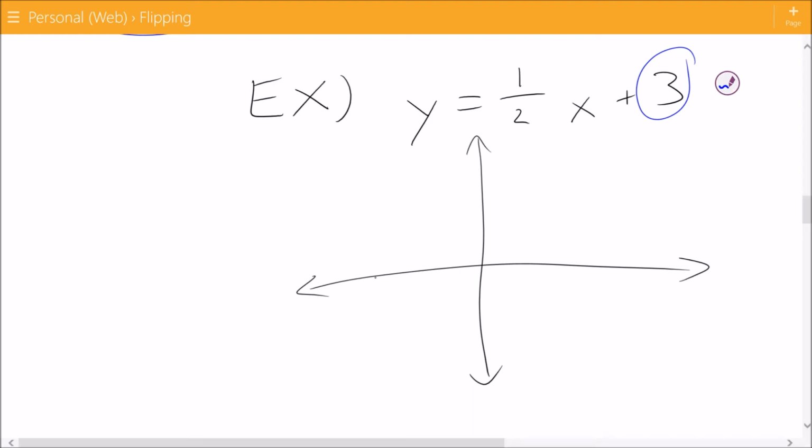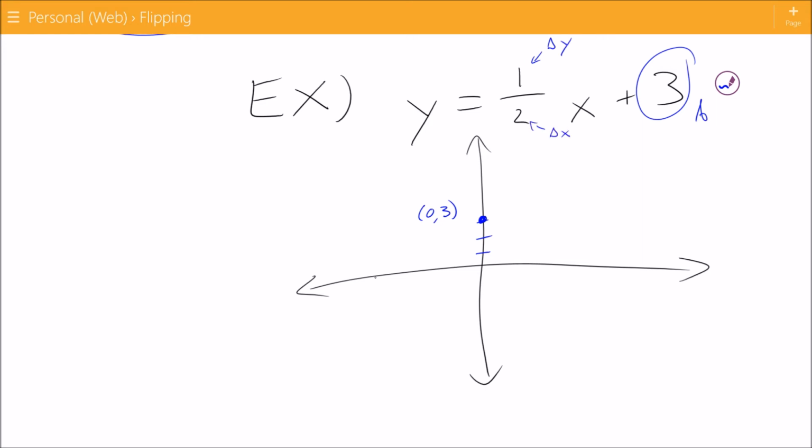So I know that I would go up 1, 2, 3, and I've got a coordinate right there at 0, comma 3, because this is my b. That's my y-intercept. Now, here is the awesome part about having your slope in a fraction. Remember we said that this is your change in y, and this is your change in x.